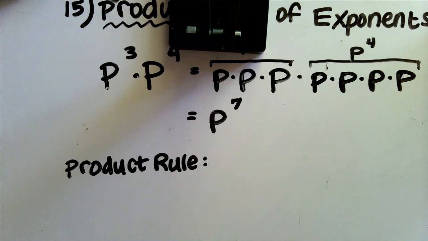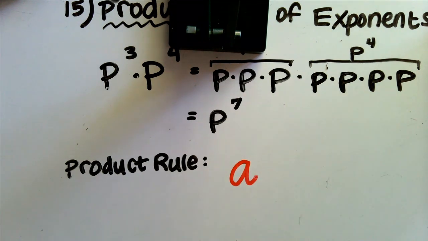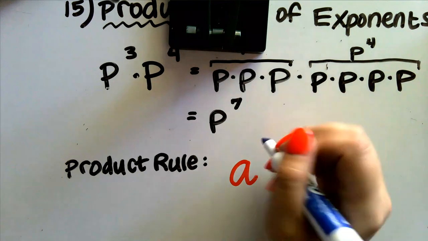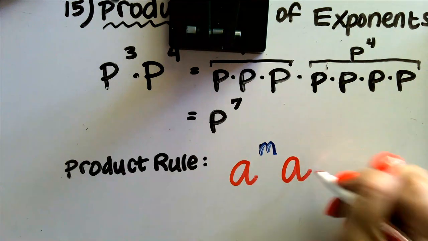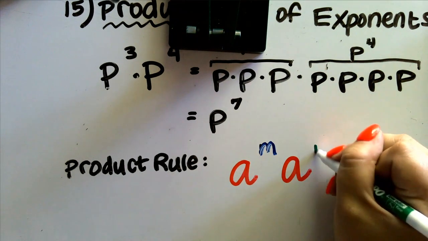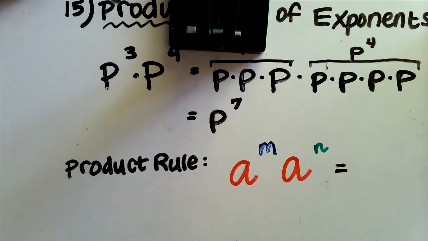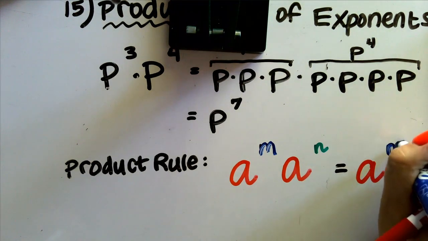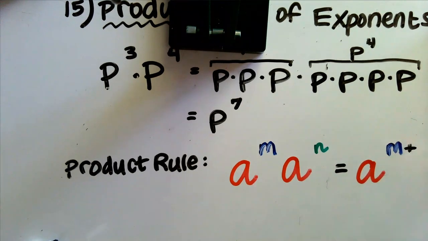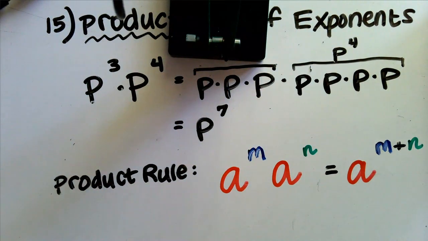So let's go ahead and write down a rule for the product rule. I'm going to go ahead and grab some colors. If we have a base value of a, I'm just using a generic variable, to the mth power times a to the nth power, we can simplify it down to a to the m plus n power.